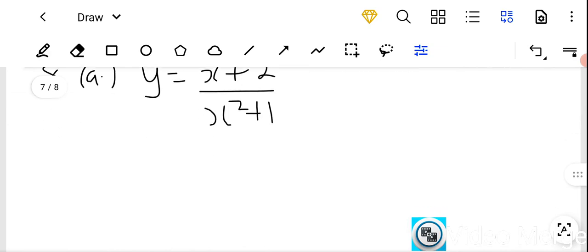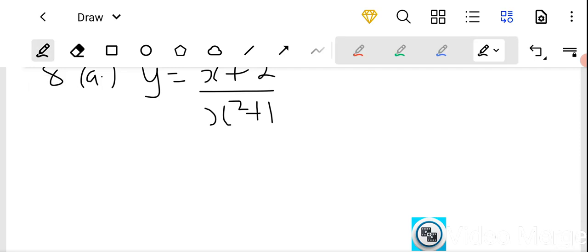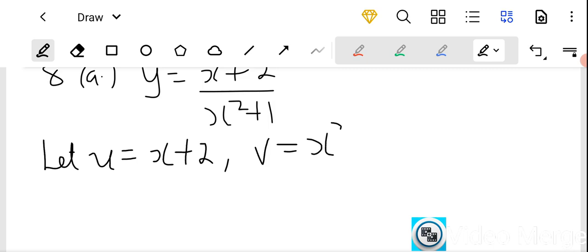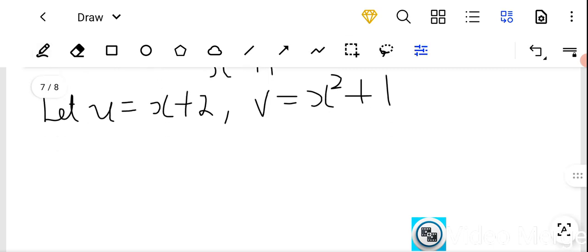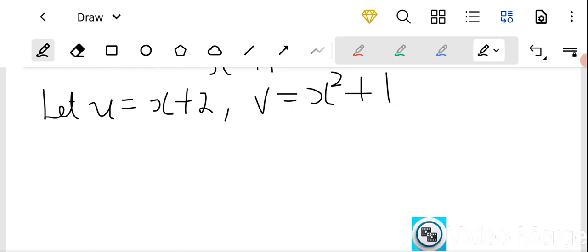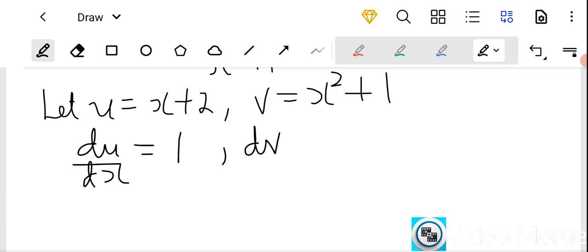We start by saying let u be equal to the top function, which is x plus 2, and then v be equal to the bottom function, which is x squared plus 1. We differentiate the functions separately. du dx is equal to 1, and then dv dx is equal to 2x.